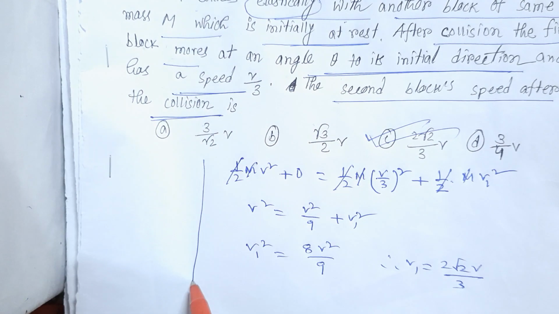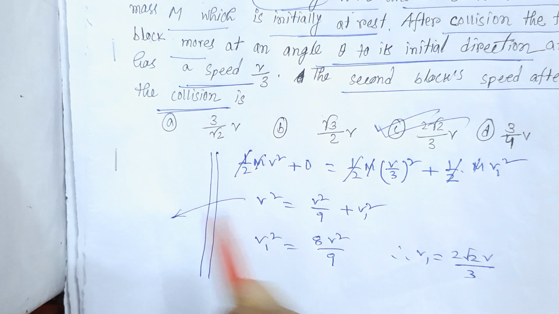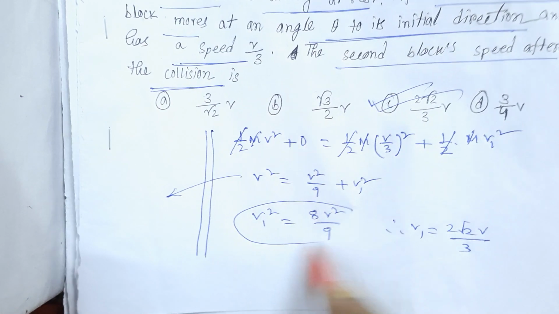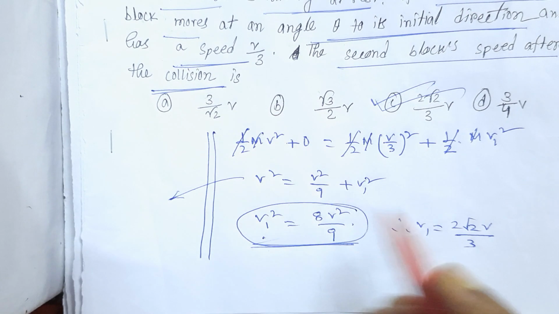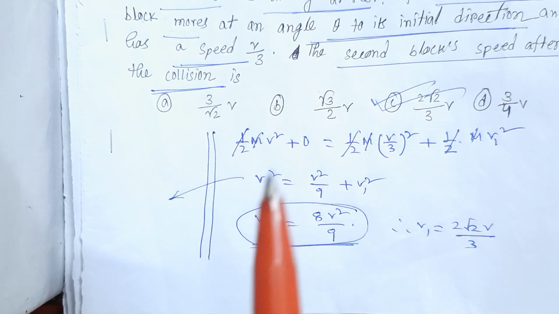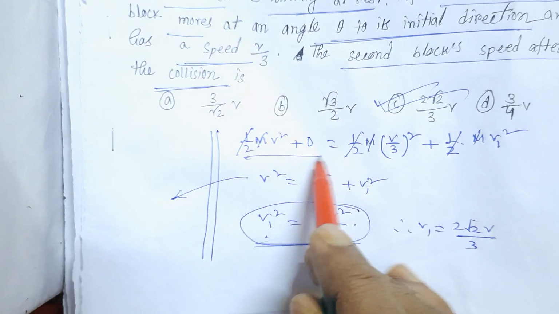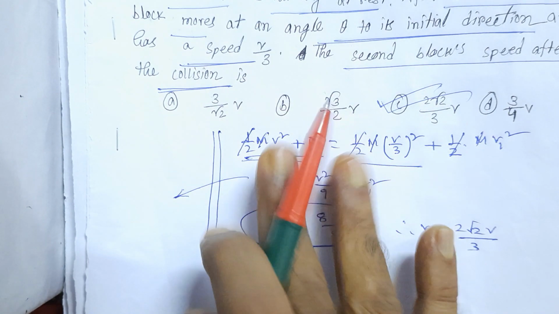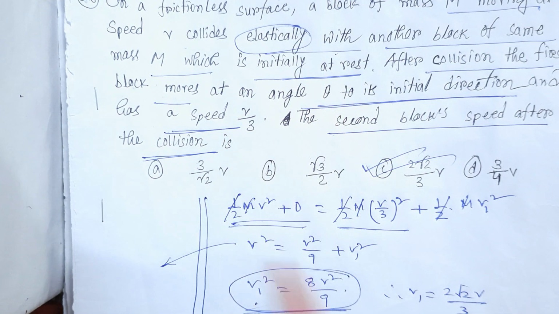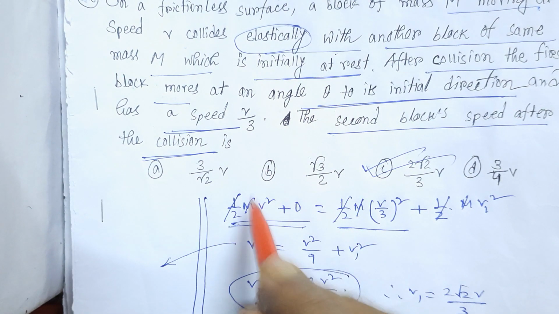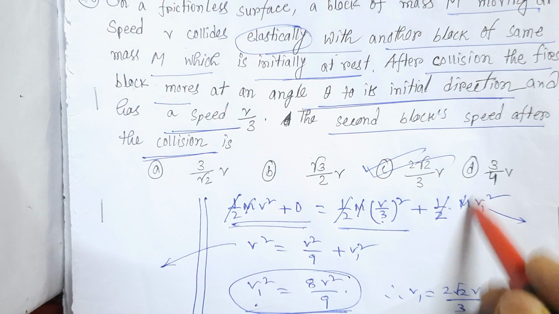So for elastic collision, if we want to express one velocity in terms of the other, and if one of them were initially at rest, like in this problem, when the speed of the first mass is given in terms of its initial speed, then only one quantity, that is v1, was unknown.